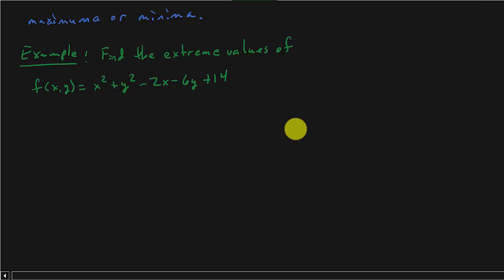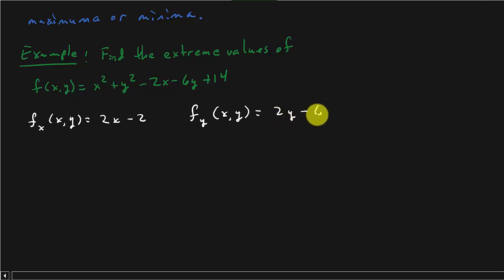So I've got the partial with respect to x is equal to 2x minus 2, and the partial with respect to y is equal to 2y minus 6. If we set these equal to 0, I get x equals 1, and 2y minus 6 equals 0, I get y equals 3.